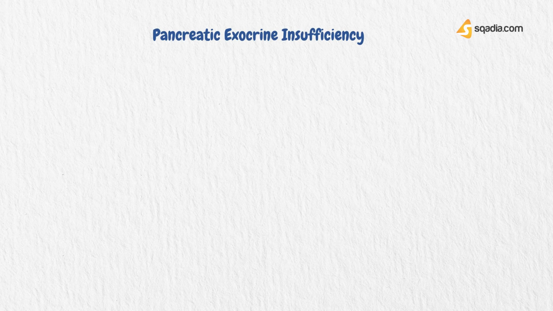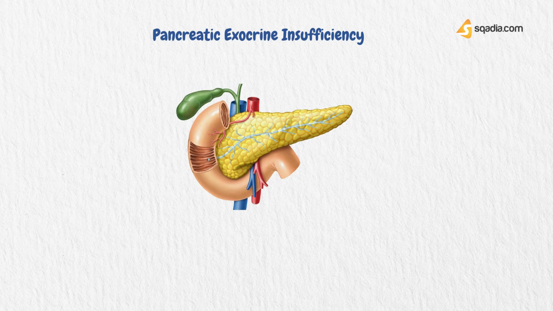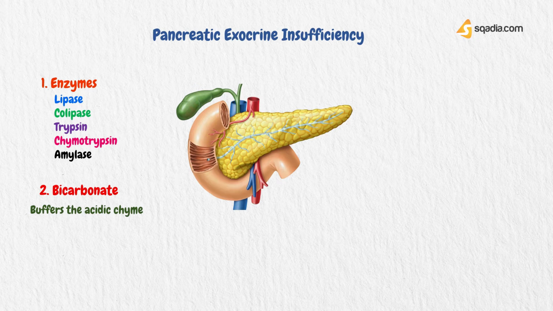Next very important organ which could be the culprit of malabsorption is the pancreas. It performs two vital exocrine functions which are helpful in digestion. Number one, it produces important enzymes like lipase, colipase, trypsin, chymotrypsin, amylase. And number two, it produces bicarbonate, which is needed to neutralize the acidic secretions coming down from the stomach.